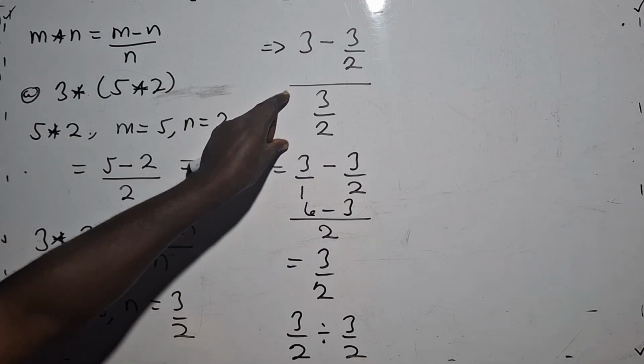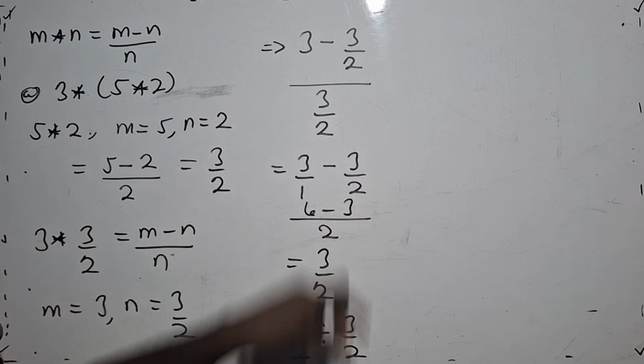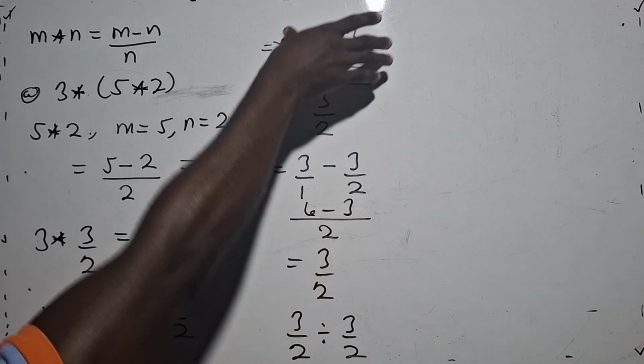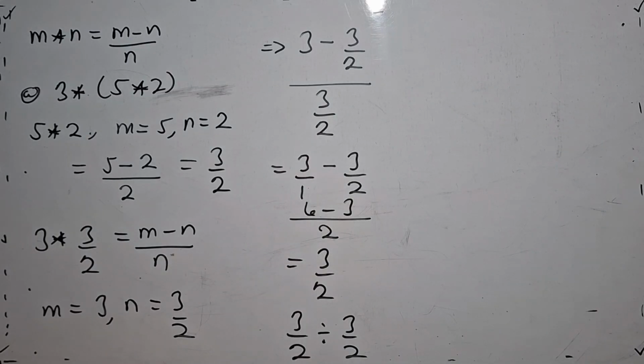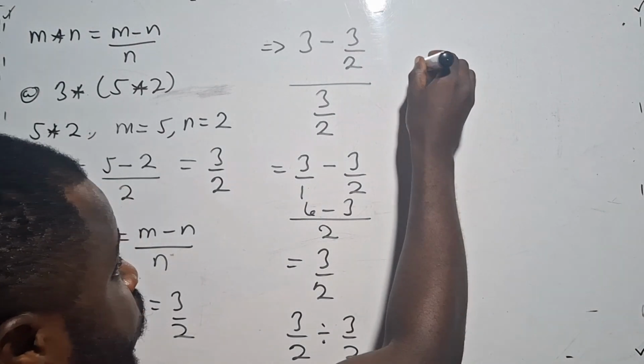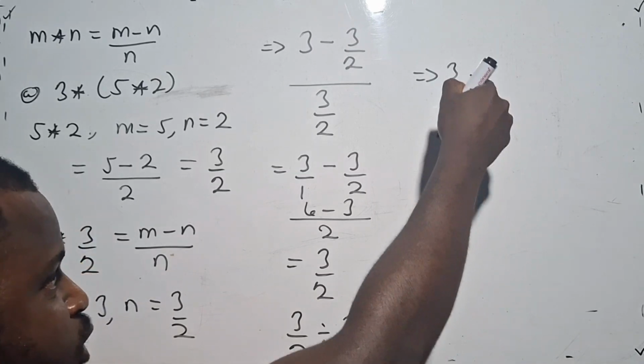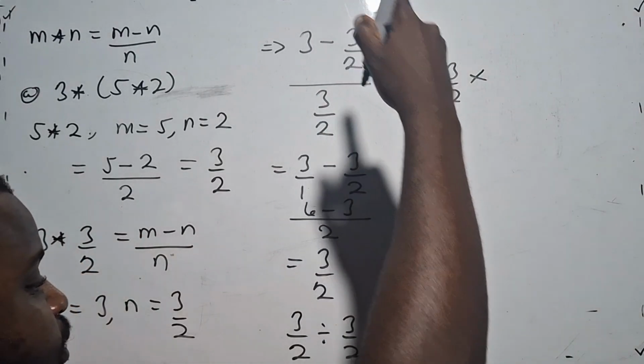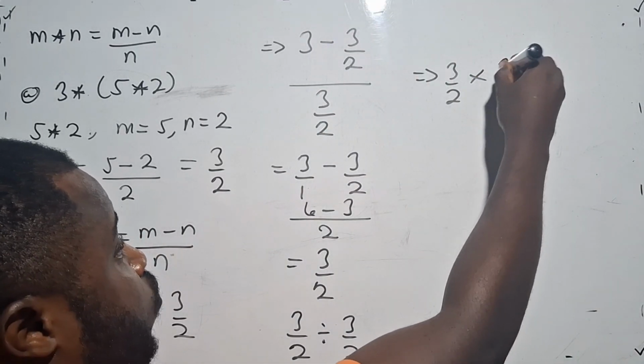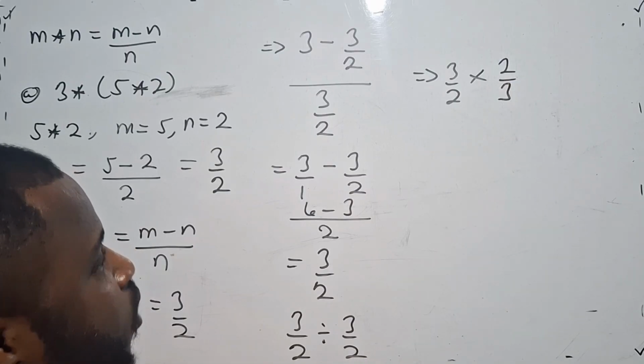Yes, this means they are dividing. So 3 over 2 as the answer on top, divided by 3 over 2 again. Division of fractions, you know, will change to multiplication. You turn the fraction upside down. So instead of 3 over 2, I'm going to get 2 over 3.